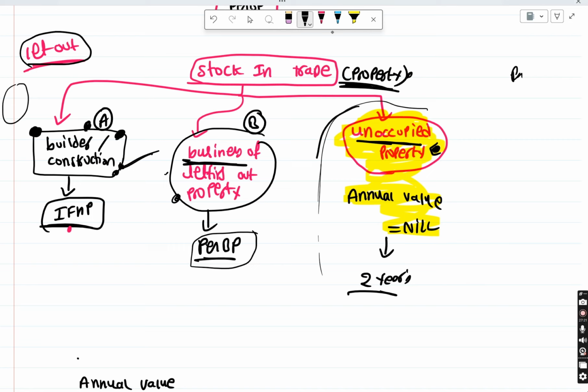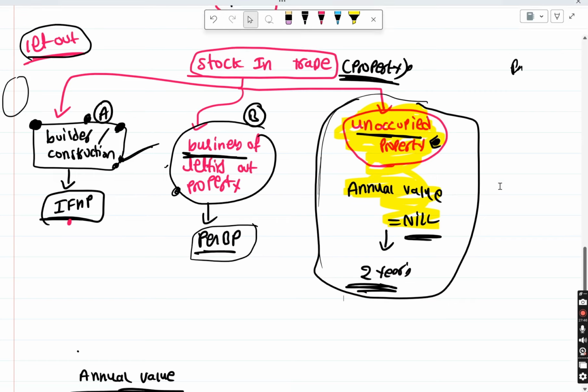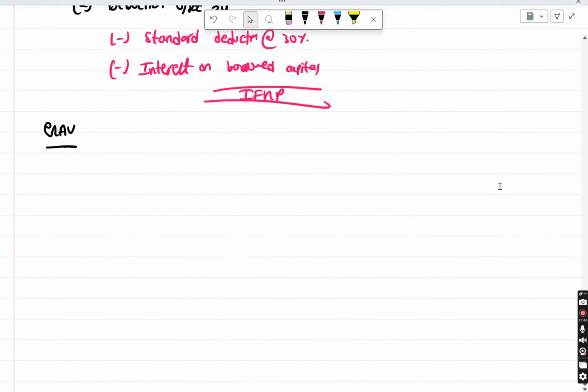Why the annual value is nil and the 2 years, this part we will discuss later. But there is a lot of difference between vacant land and unoccupied property. Vacant land, yes, it will come under PGBP. Unoccupied property is not vacant land. Is your doubt clarified? Clarified, thank you.